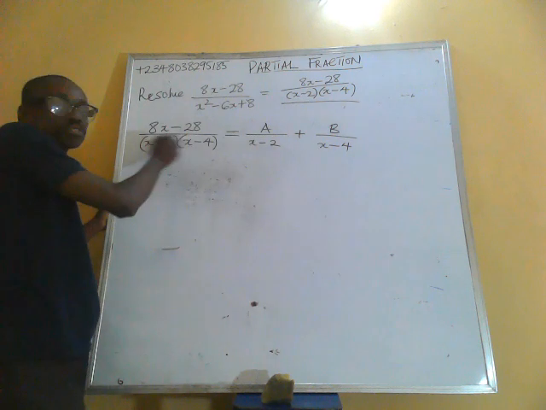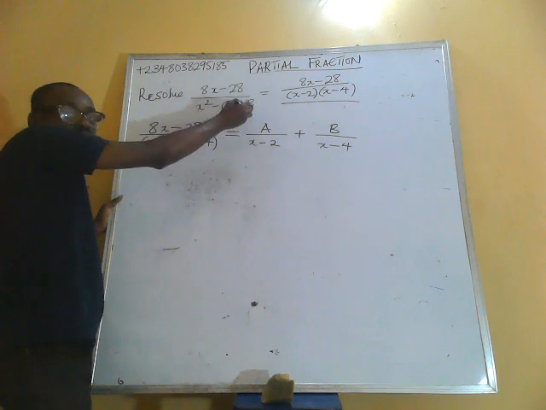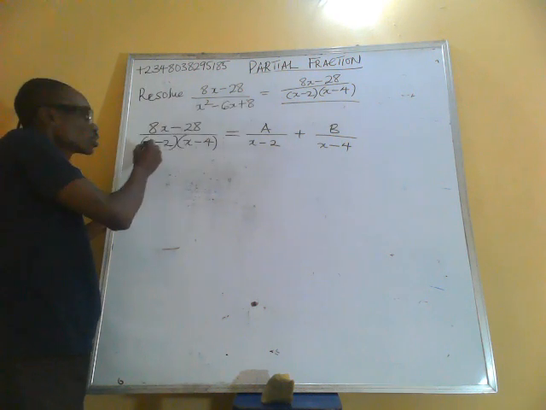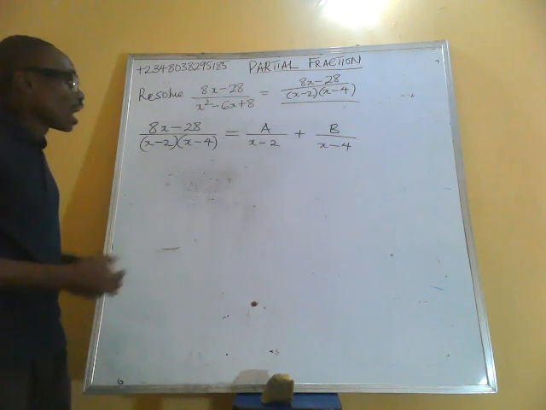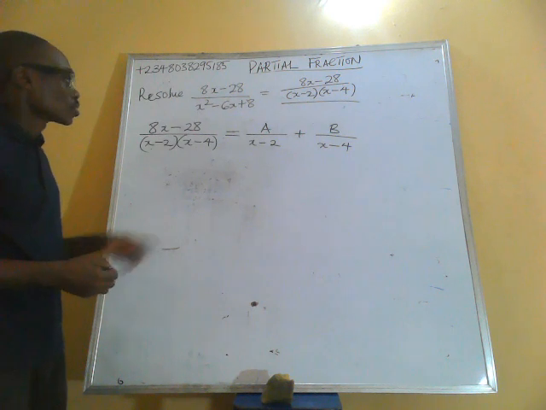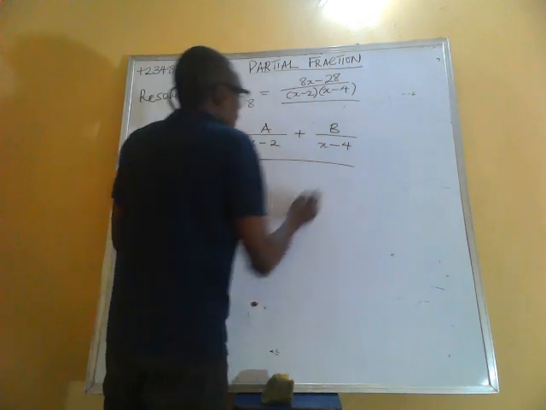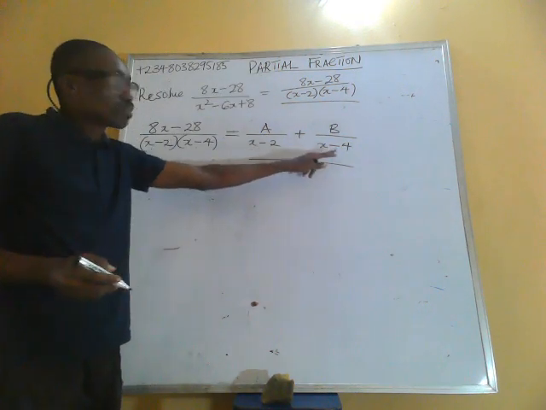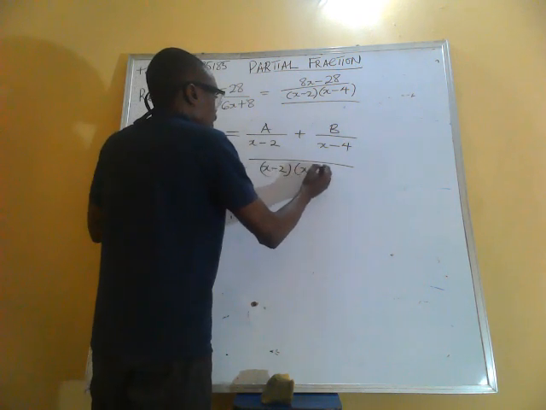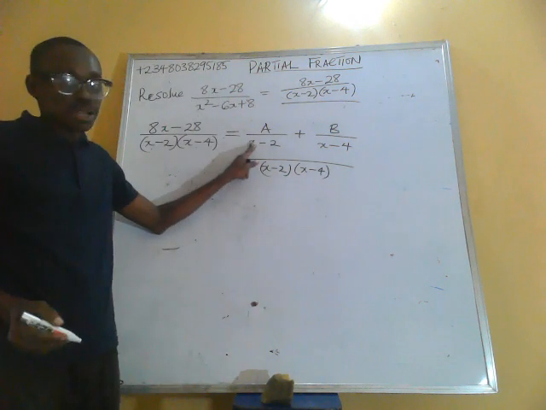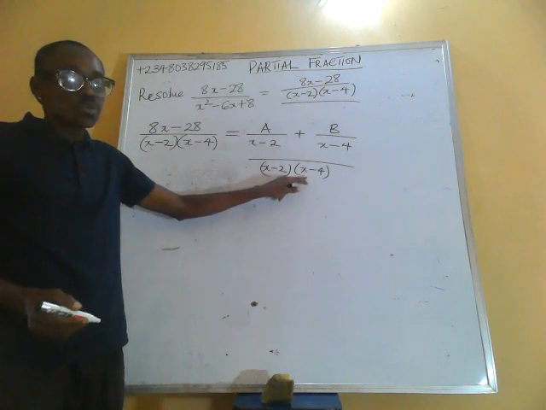So we've already resolved this. This was our factorization. These are the factors of this quadratic expression here. Okay, so next we get to this level. At this point, this is an identity. So what do we do now? We get the LCM of x minus 2 and x minus 4, which is x minus 2 times x minus 4. In this LCM, x minus 2 will cancel x minus 2, leaving you with x minus 4.